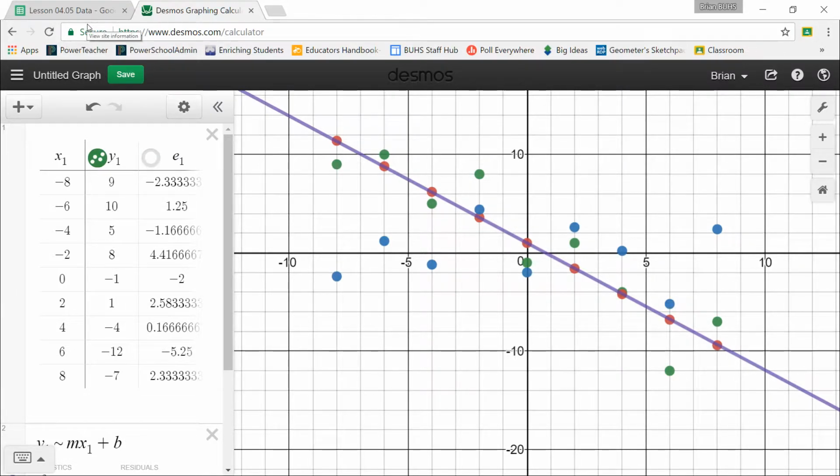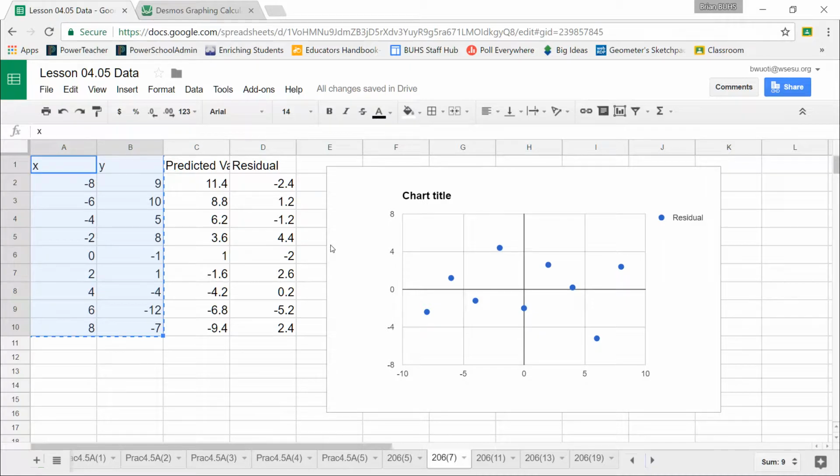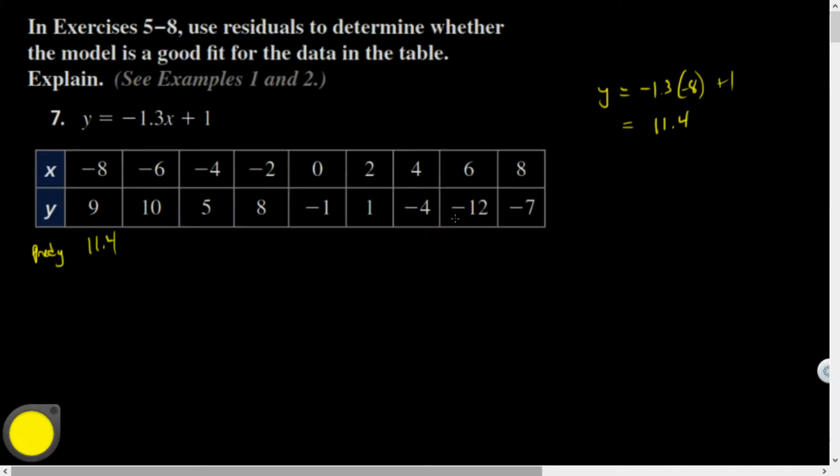All right, but that was the idea of how residuals worked. You were trying to look for the same number above as there was below. I'm going to say it's a pretty good model.